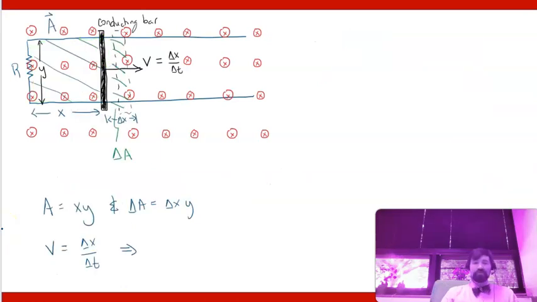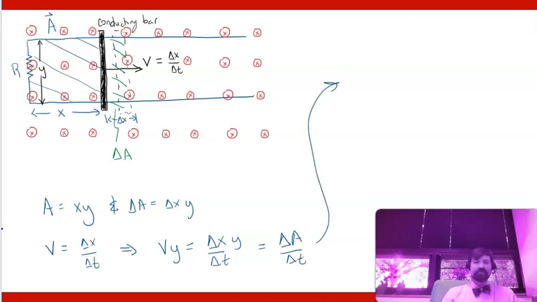This could just as easily be B times y, and delta x times y over delta t is the same as delta area over delta time. And so this means that my induced EMF can be written as delta A times B over delta T.